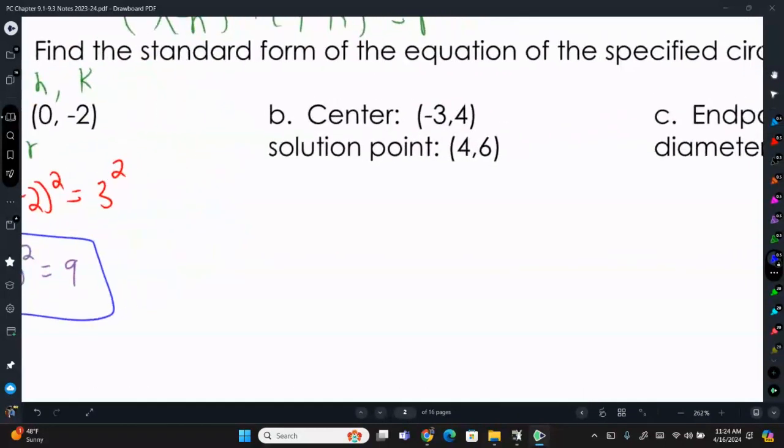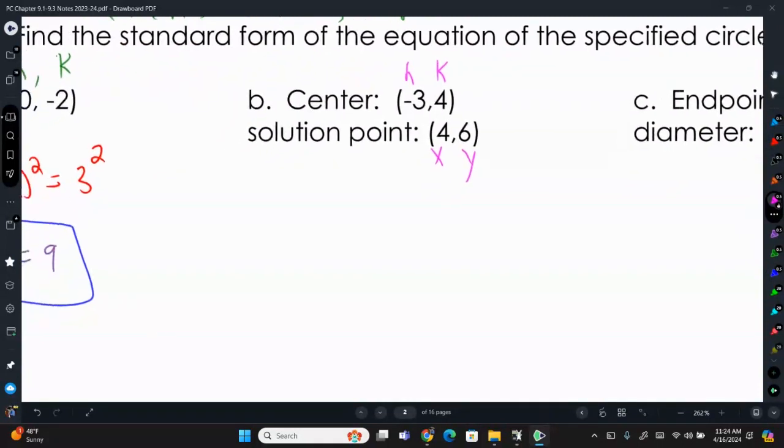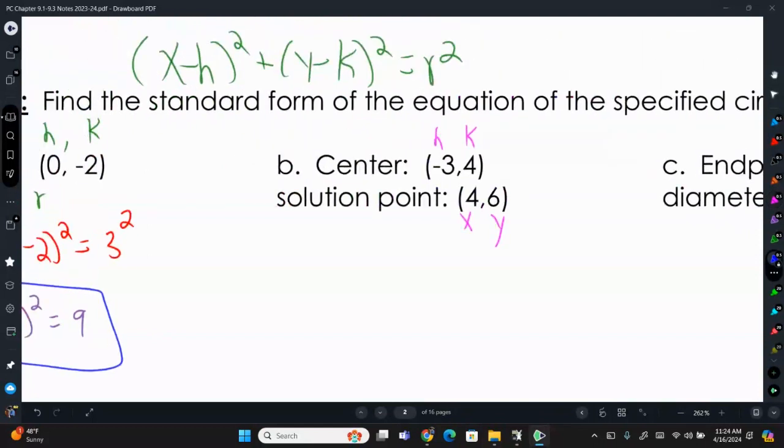Letter B. Center is at (-3, 4), and the solution point is (4, 6). So this would be your h and k, and this would be your x and y. We can substitute that into the equation up there.